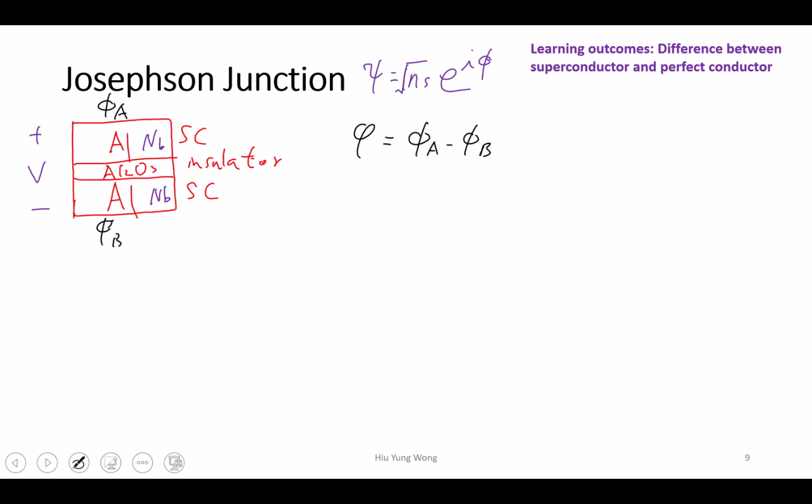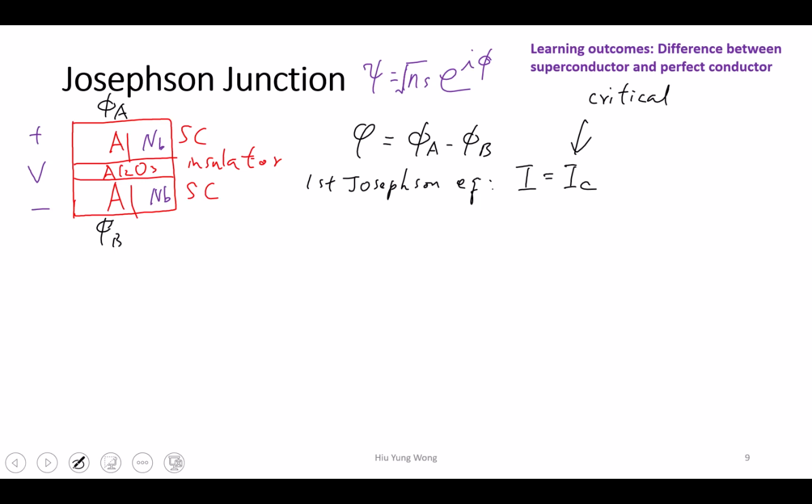It has two equations. The first, I think it's called the Josephson equation, is this. The current going through this device is equal to Ic, which is the critical current, after which it is no longer superconducting.